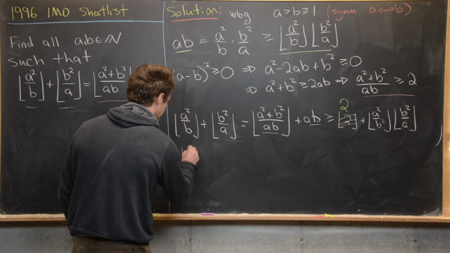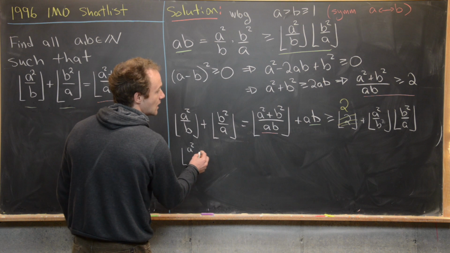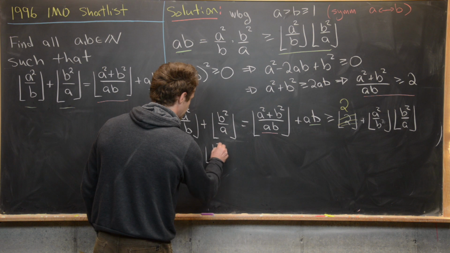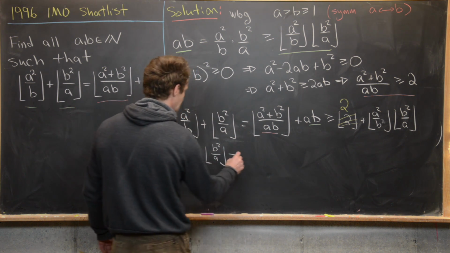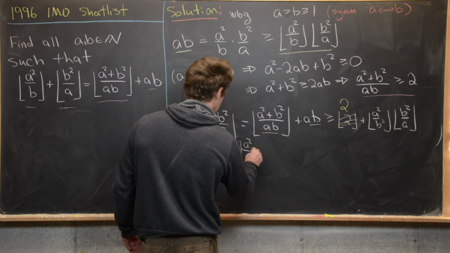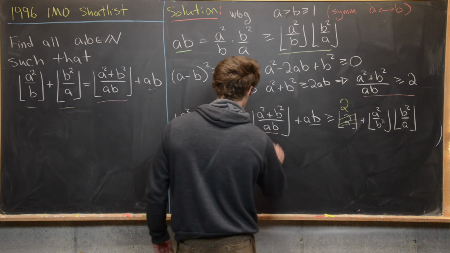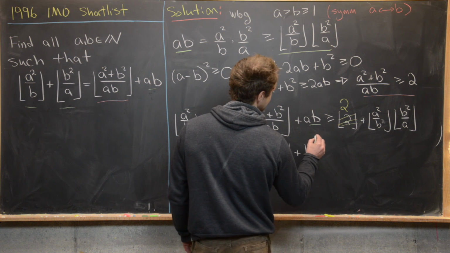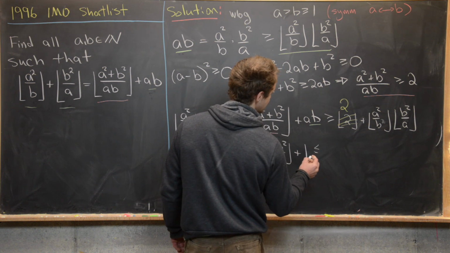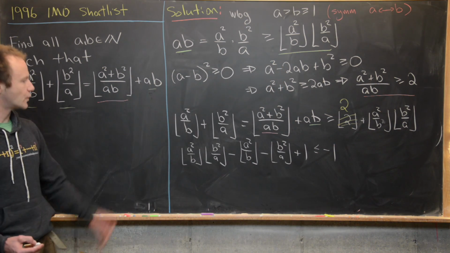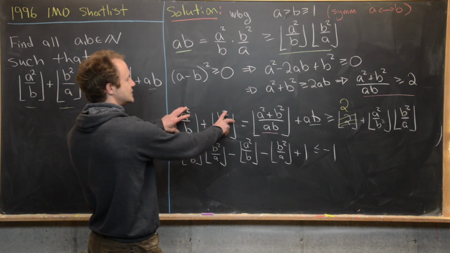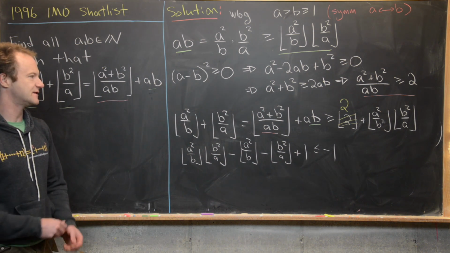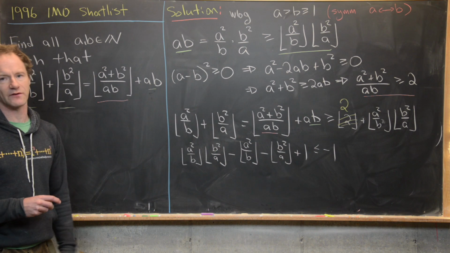So we'll have floor of a squared over b times floor of b squared over a minus floor of a squared over b minus floor of b squared over a plus 1 is going to be less than or equal to -1. Okay, so what did I do here? Well, I subtracted each of these to the other side of the inequality, then I subtracted 1 from both sides of the inequality, and then I wrote it in a slightly different order.